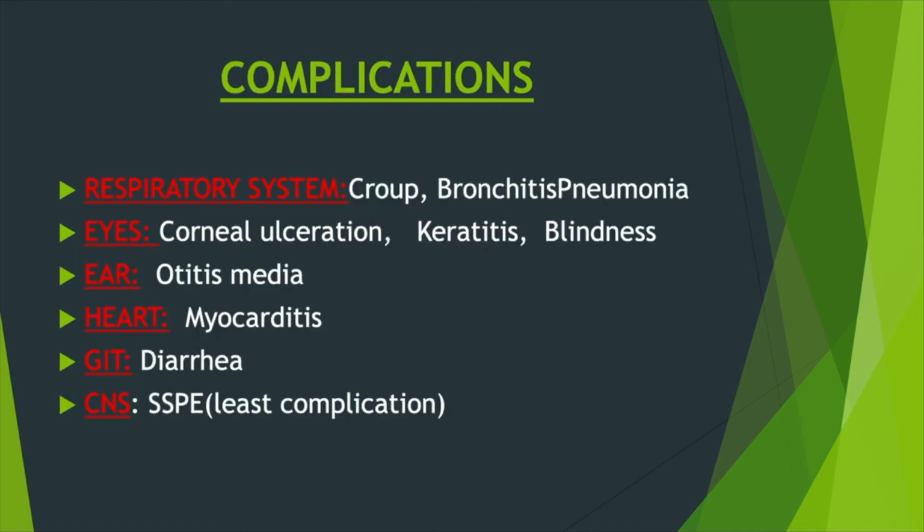Complications: respiratory system, croup, bronchitis and pneumonia. Eyes, corneal ulceration, keratitis, blindness. In ear, otitis media. Heart, myocarditis, GIT, diarrhea. CNS, SSPE, subacute sclerosing panencephalitis, that is a late complication of measles.